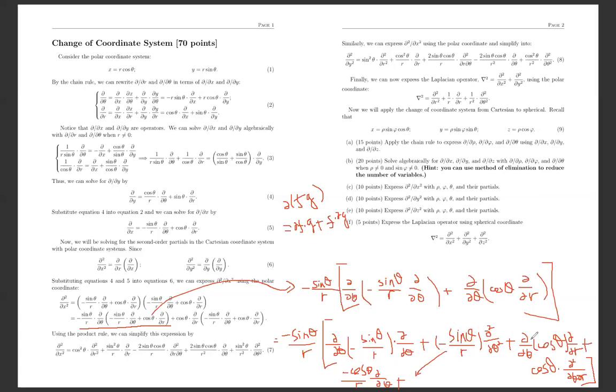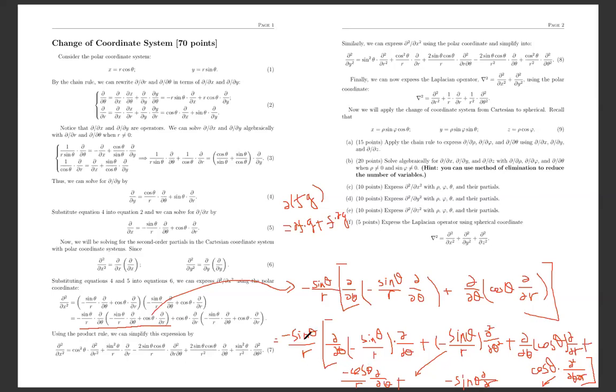And for this part, partial theta of cosine theta is minus sine theta, of partial r. And this, you just keep whatever is here.